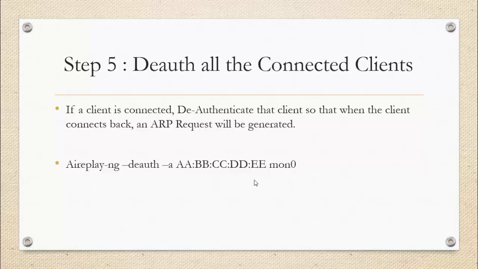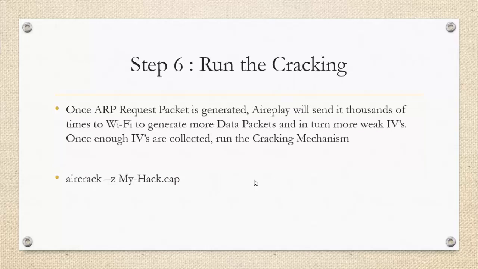Once the client authenticates, we'll get the ARP request packet that we are waiting for. Once we get the ARP request packet, we'll just wait for 2 to 3 minutes and then we'll run the aircrack command on the myhack.cap file which we had initially mentioned.